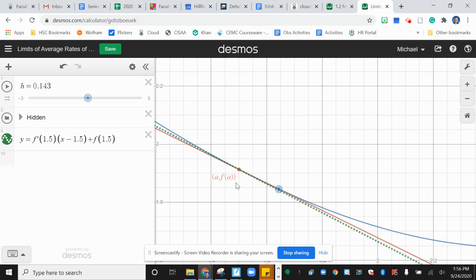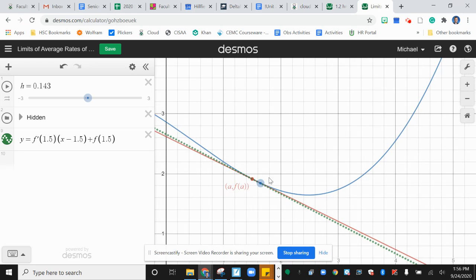So the argument is, as this point gets closer and closer, as the gap, the H value, gets smaller and smaller, we keep getting better and better estimates. What happens when I make H equal 0?